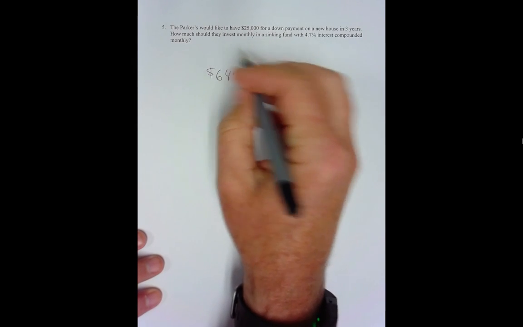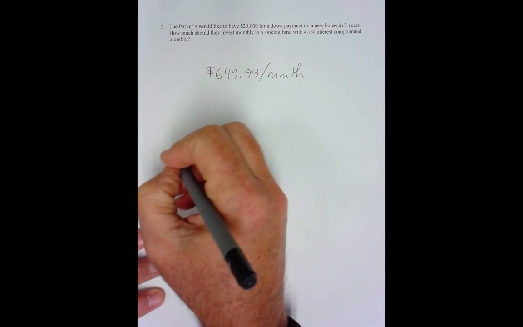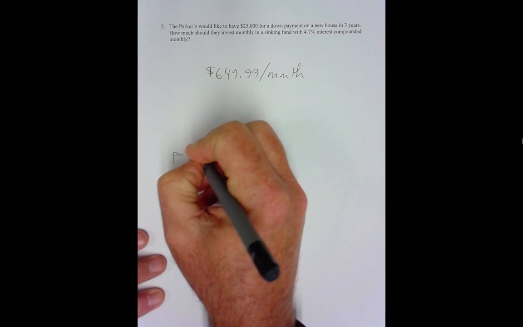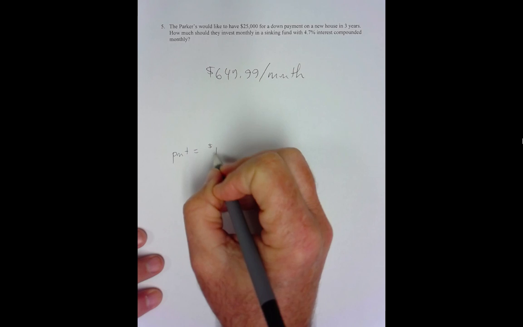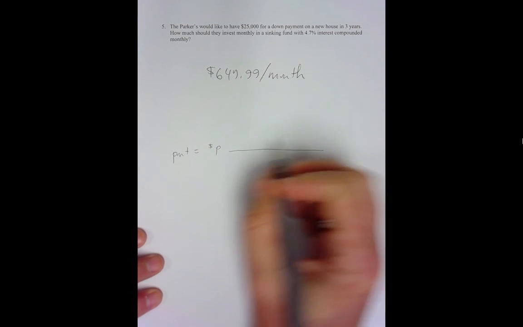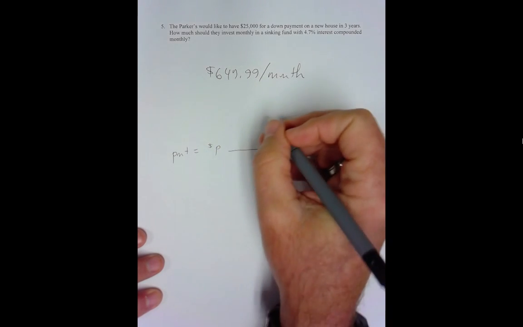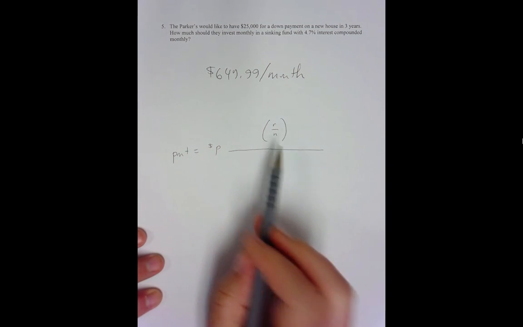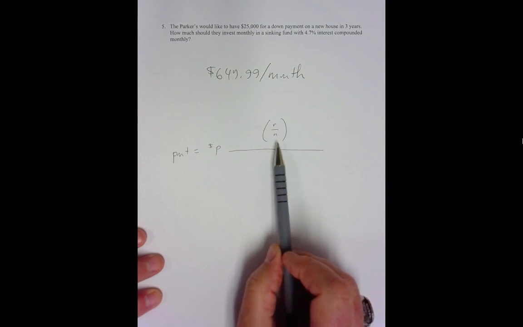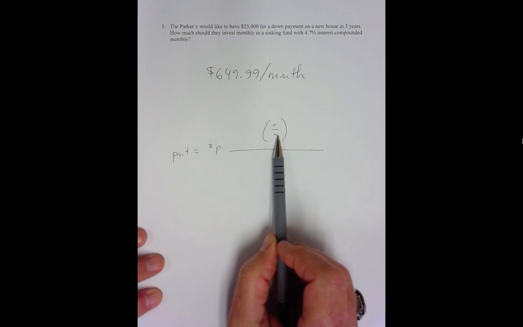It would be a very difficult problem with the formula. I don't know if I've ever shown you all this or not, but the payment formula is pretty crazy. You put the amount of principal, so whatever amount you're borrowing. Then in the denominator you have a compound fraction, but you have the rate divided by the number of compounds.